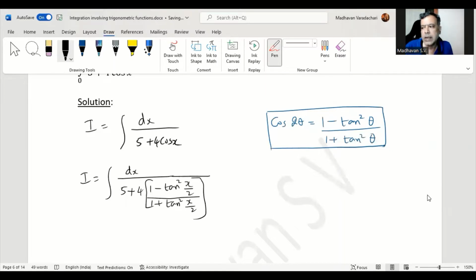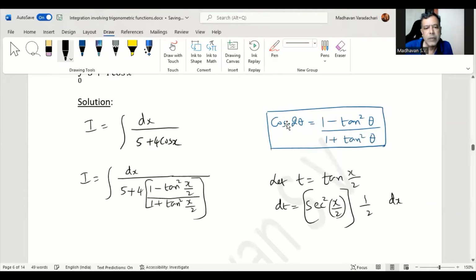Now let us consider let t equal to tan x by 2, which means our dt will become secant square of x by 2 times 1 by 2, and then dx.